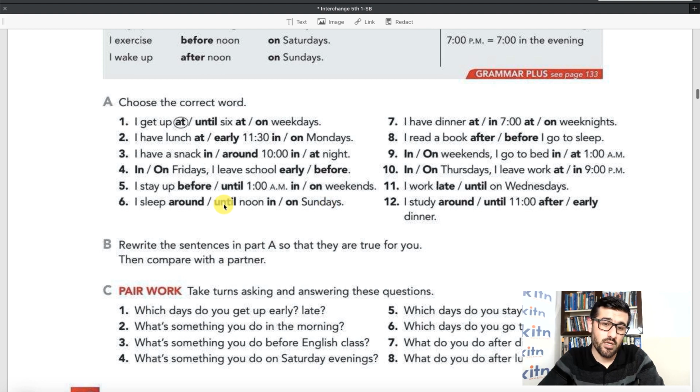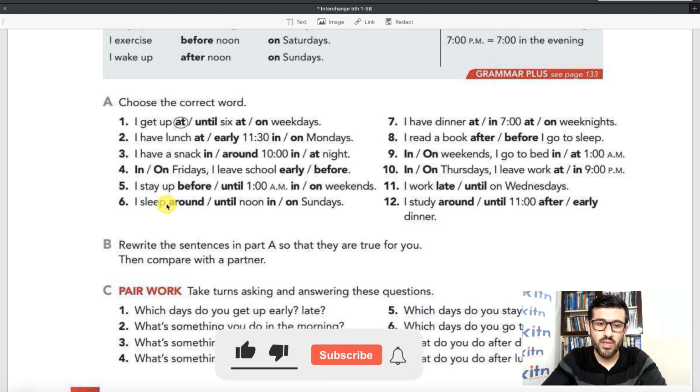So until or around, the meaning says you have to choose until, I believe, yes. That means you will stay asleep until noon, not around noon. If there was an at here, you would surely choose around. Okay? On Sundays.